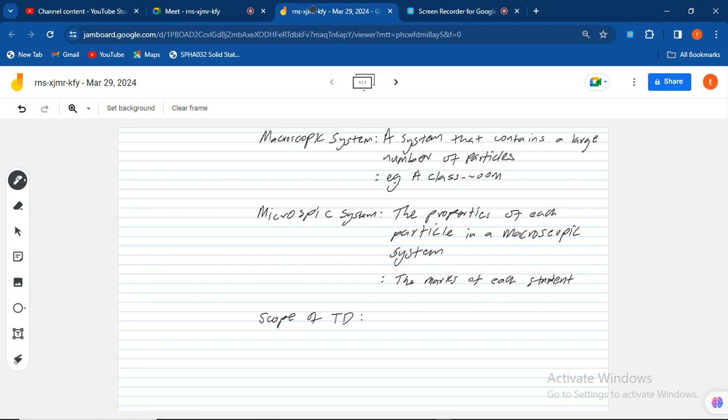When we talk of the thermodynamic scope, we are referring to the focus that thermodynamics has. What are we actually focusing on with this thermodynamics? So the scope of TD is just referring to the importance that we are looking for in thermodynamics.